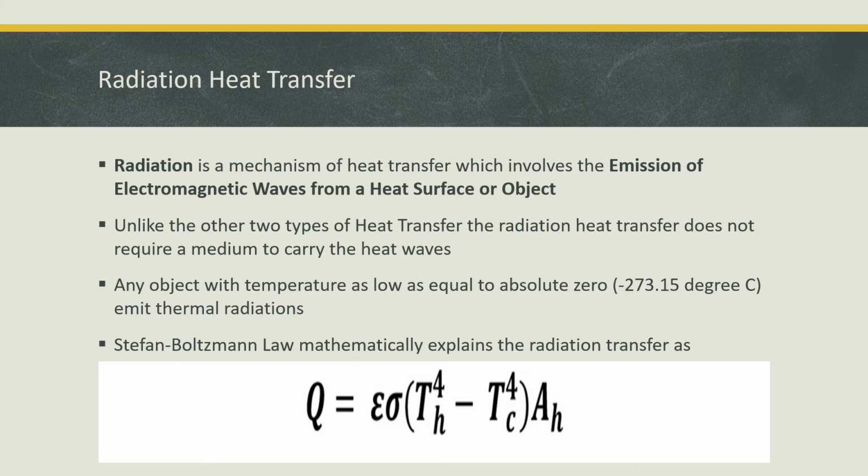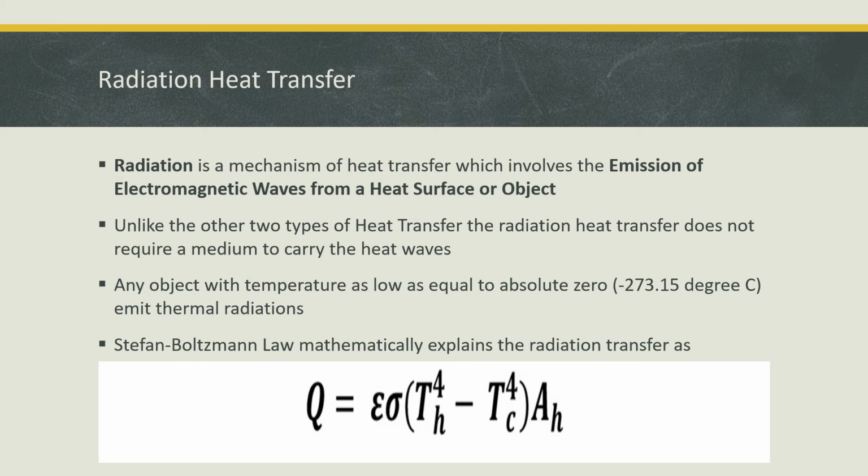Radiation heat transfer is the mechanism of heat transfer which involves the emission of electromagnetic waves. Electromagnetic waves are released whenever a substance is at least at the temperature of absolute zero, which is minus 273 degrees centigrade.